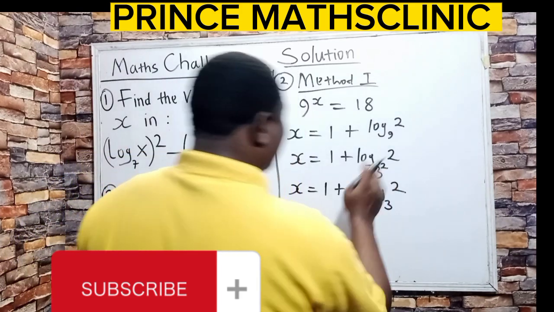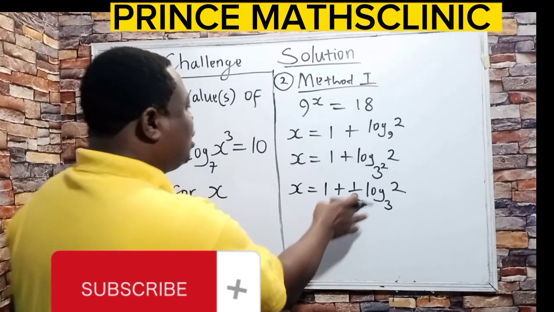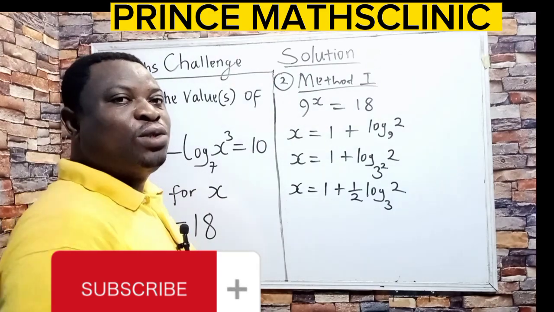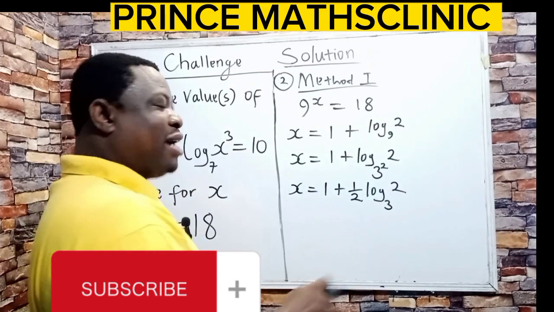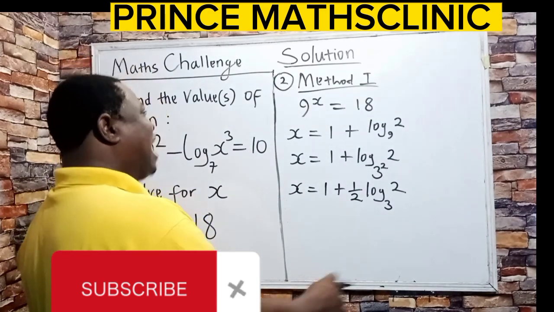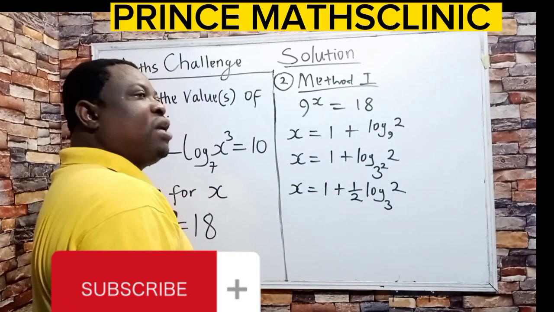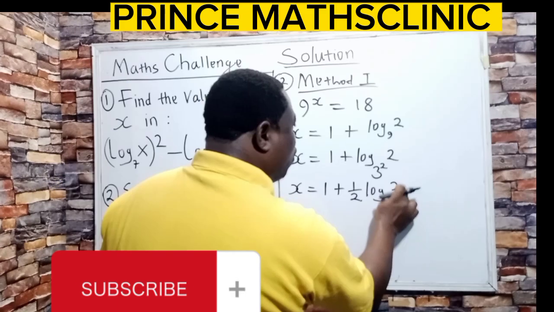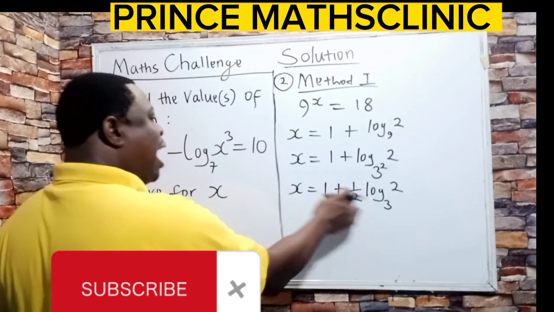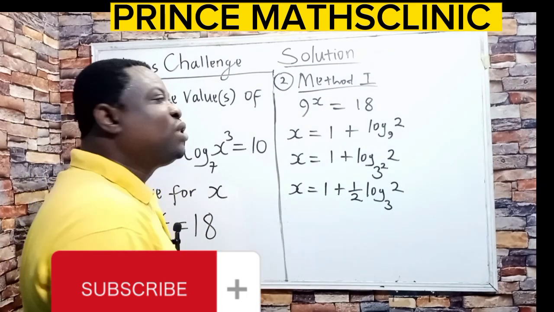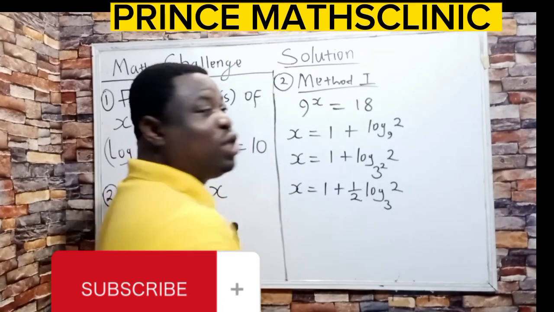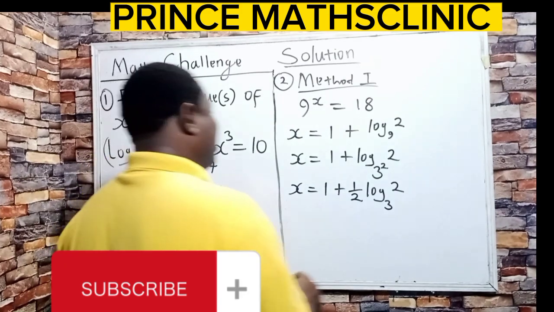Therefore, we can simplify. This is the original value for what? For x. That will give us exactly 18. Any attempt to get log of 2 to base 3 multiplied by half plus 1 will give us an approximate value of 18, which is also very correct.